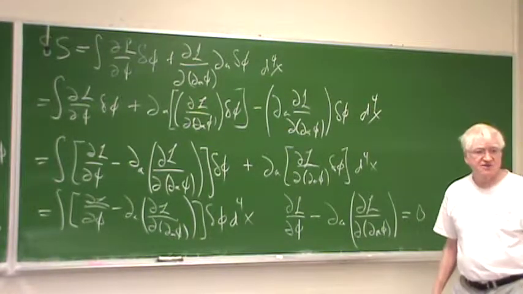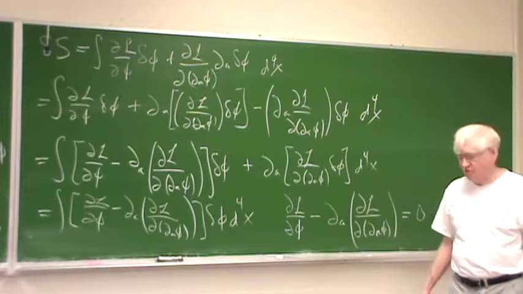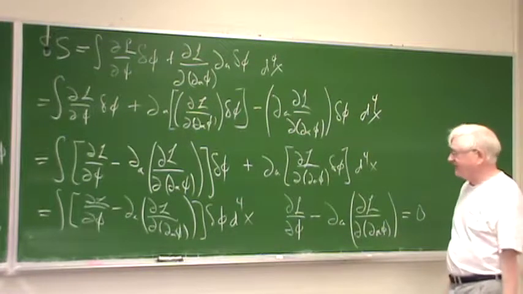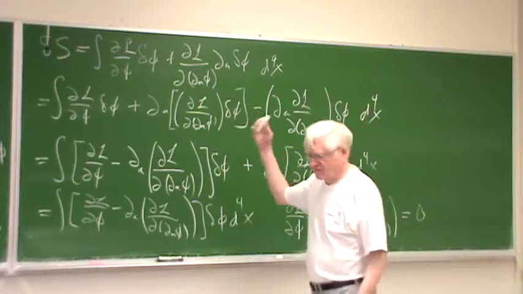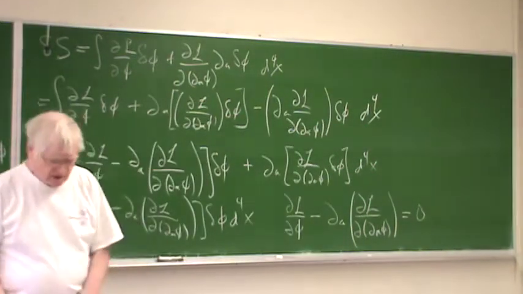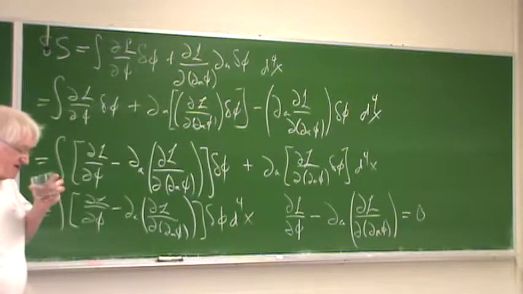And so this is then the consequence, this is the equation of motion. And this is very, very general. I mean, I'm doing it here for a scalar field, but in general relativity, it's the same thing, basically.